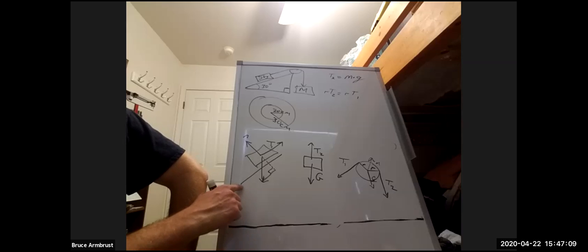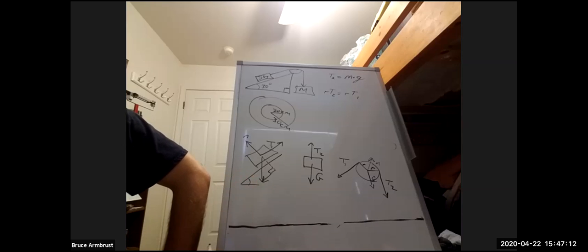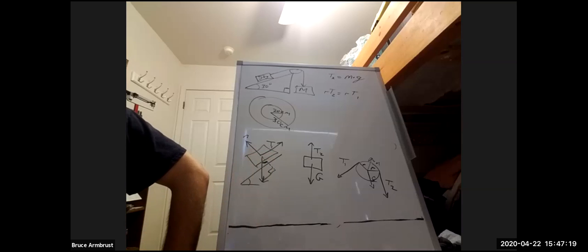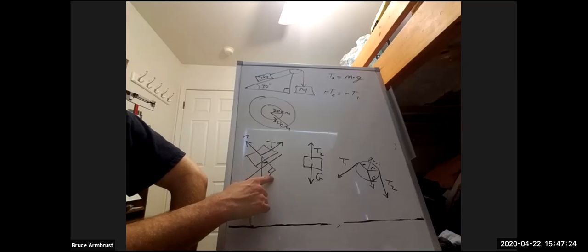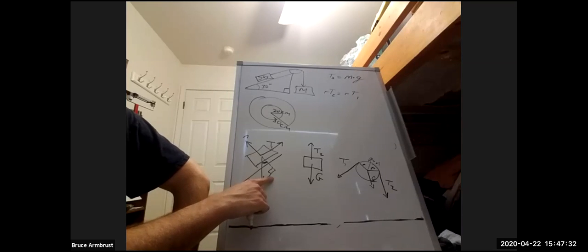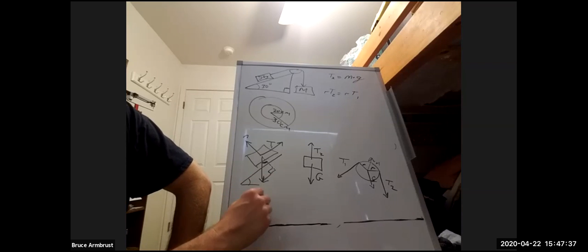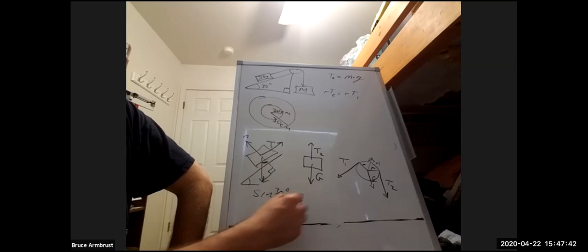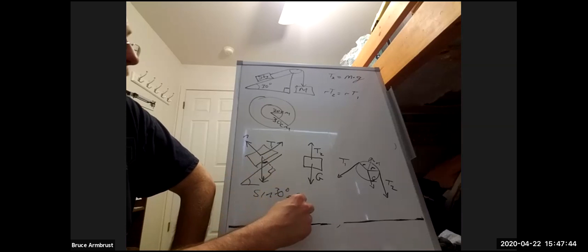Because we had that this was 30 degrees, which then means this angle right here is 30 degrees. And so if I want to figure out this portion, or this component, we're going to use sine. So I know that the sine of 30 degrees is equal to that component, which is going to be T1 over the gravity.